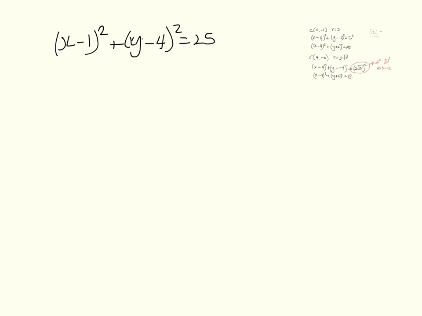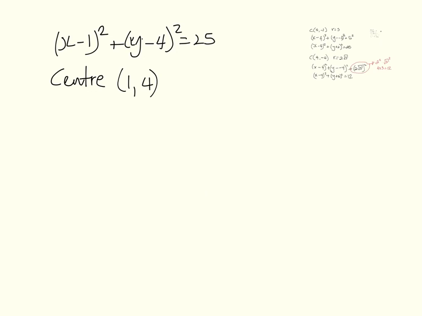Well, let's go for the center first. If we've got minus 1 in the x direction, it means it moved one unit to the right. Minus 4 means it moved 4 units up. So it means then that my center is going to be 1 and 4. That was easy to do.